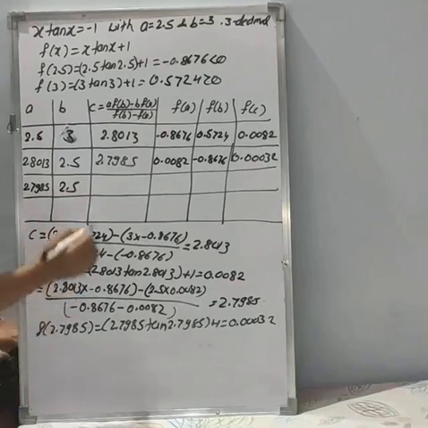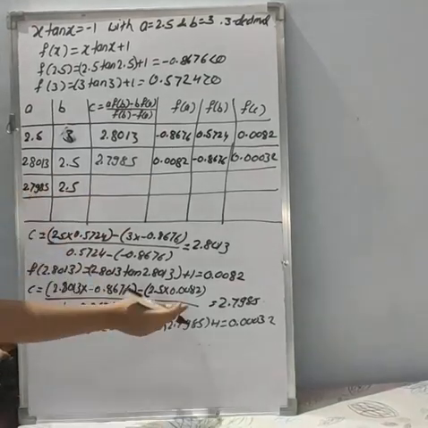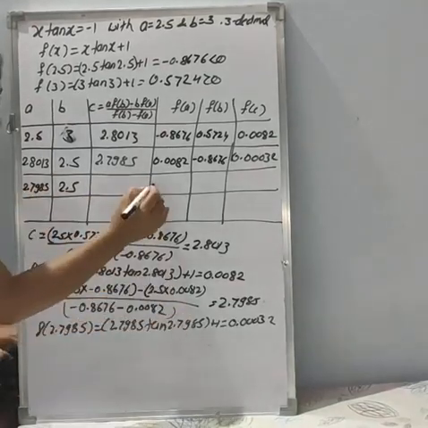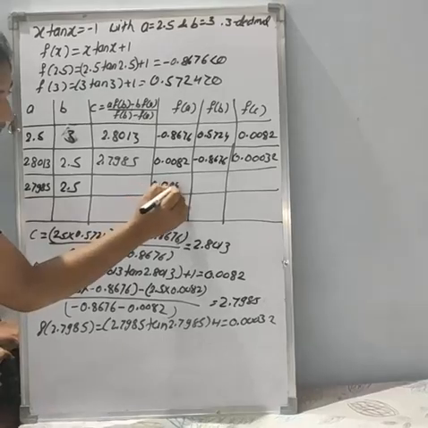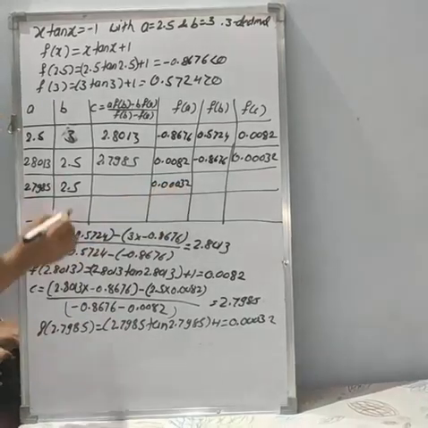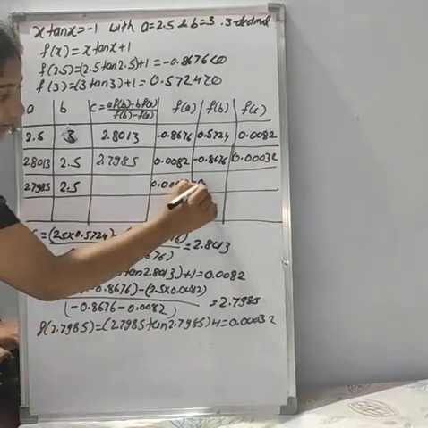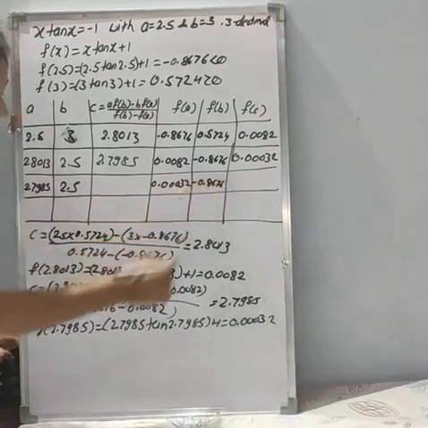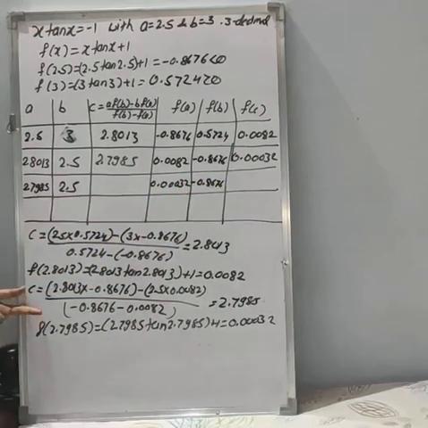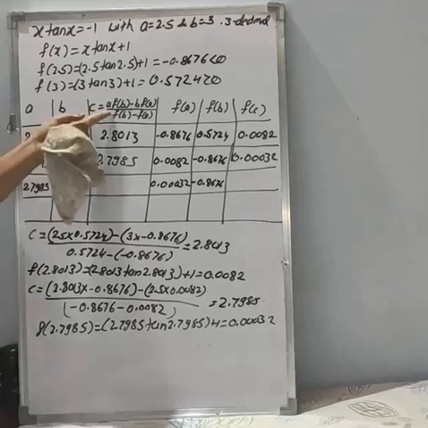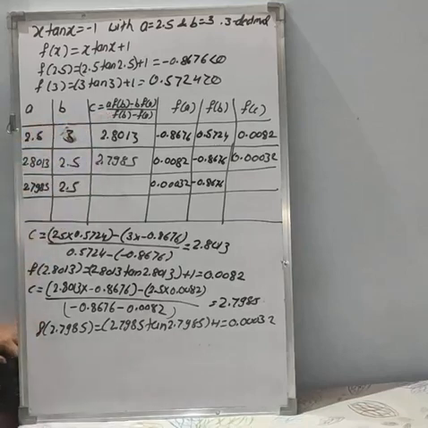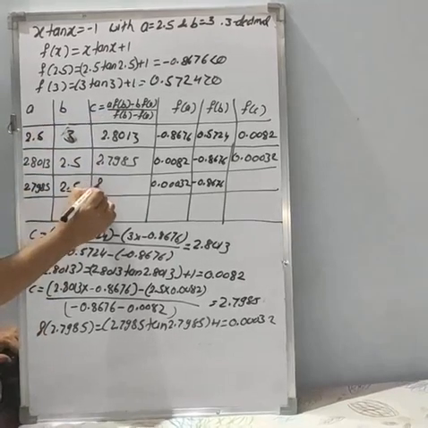Okay, so what is f of 2.7985? We have here 0.00032, and f of b, that is f of 2.5, is 0.8676. Now again you can substitute the values in this formula.